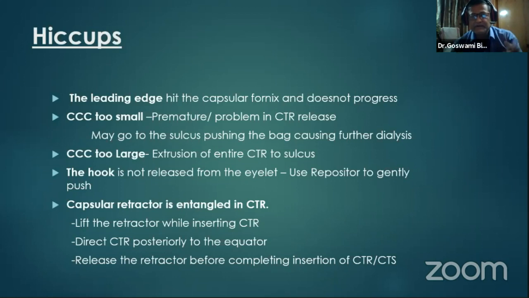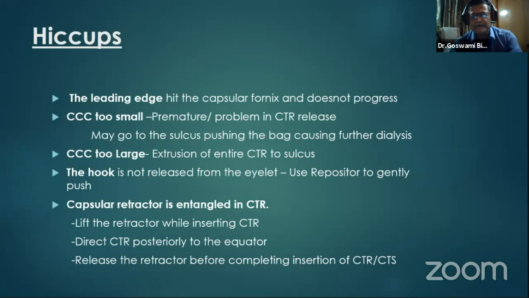In both these conditions, I will again suggest that you do 300 to 500 well controlled, well centralized CCC of 4.5 to 5 millimeters, then go for these cases, because it is very important to put a CTR before knowing whether your CCC is too small or too large. The hook is not released from the eyelet, no problem. Just use the repositor to gently tap.